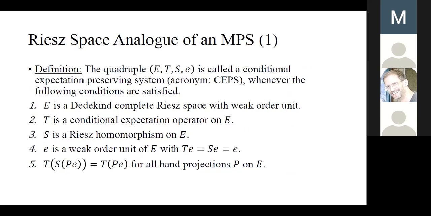And so we have more projections than just the zero map and the identity map, which is good. If we have only the zero map and the identity map, then it's quite useless. That's a trivial case and there's not much to study. So we want there to be more than the zero map and more than the identity map. So by forcing the space to be Dedekind complete, we have that there will be more band projections than just the zero map and the identity map.